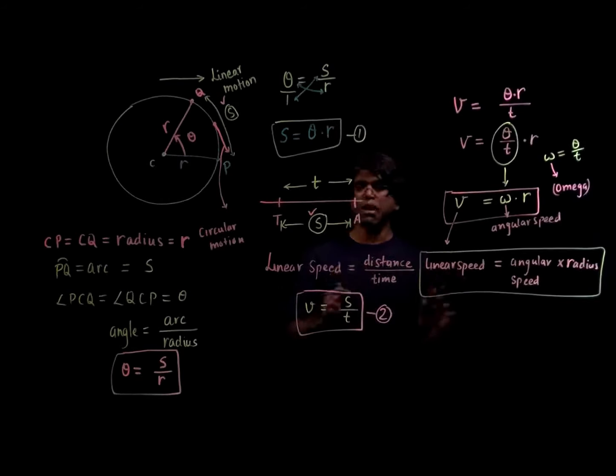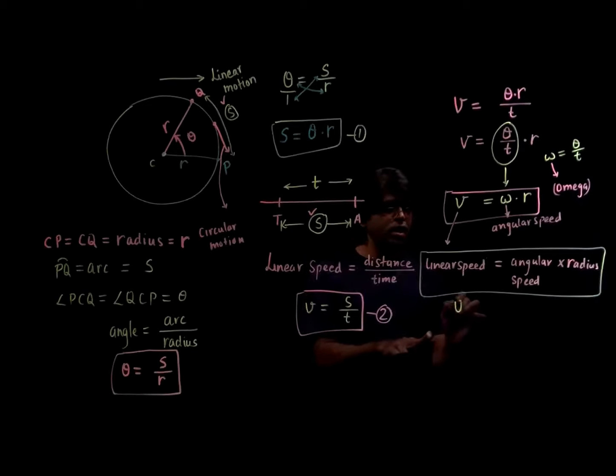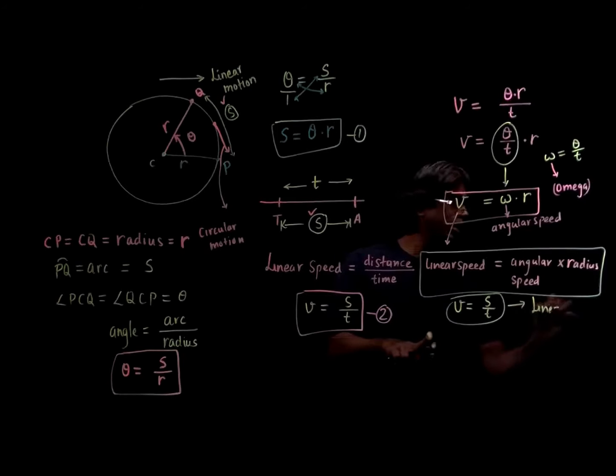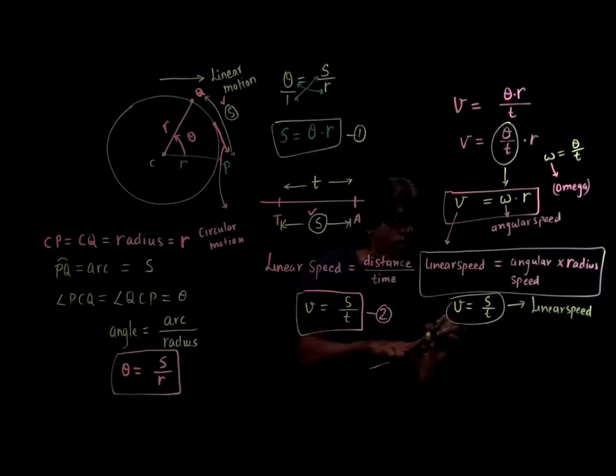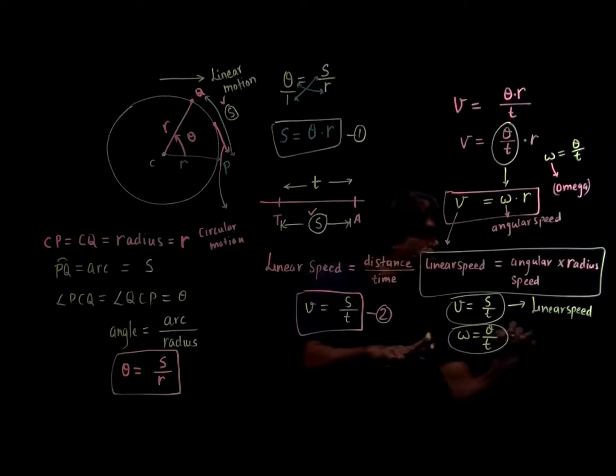So let's summarize this whole thing. The first thing that we have is linear velocity v is equal to S over t. This is our linear velocity or linear speed. And my angular speed is omega is equal to theta over t. This is my angular speed.